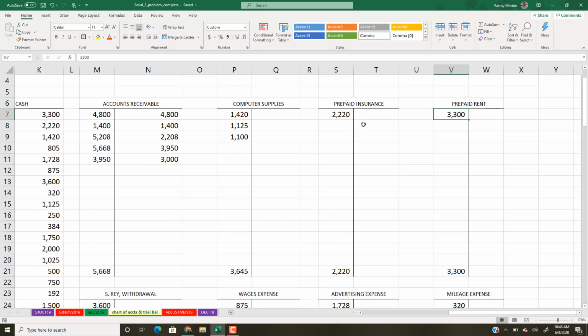So in this case, we're talking about wages. The wage expense that is applicable to the current year, in this case 2019, needs to stay in that year.